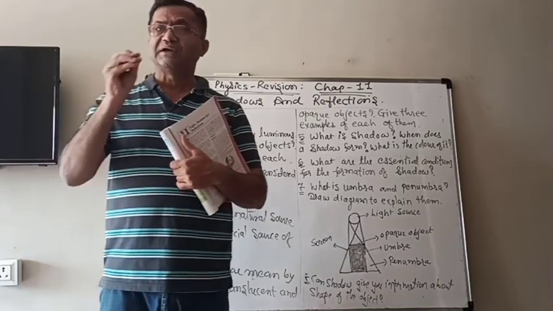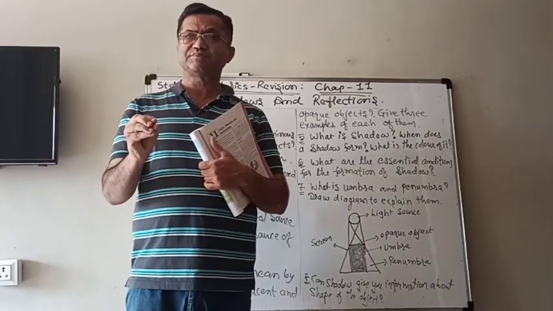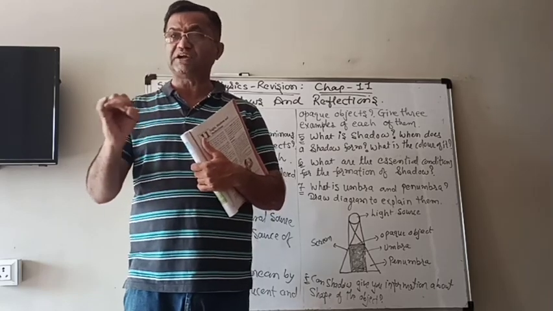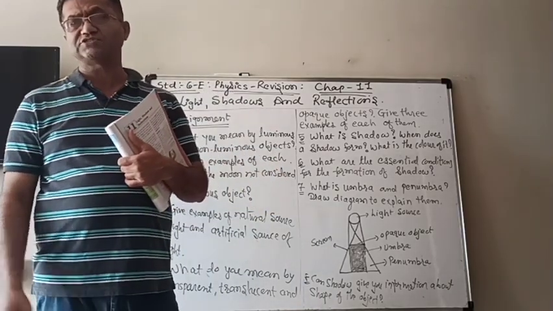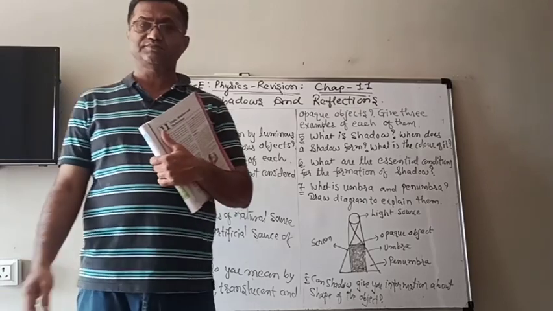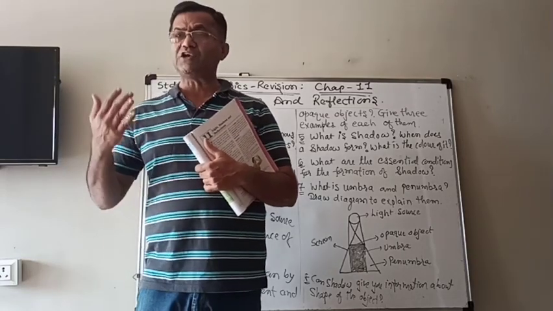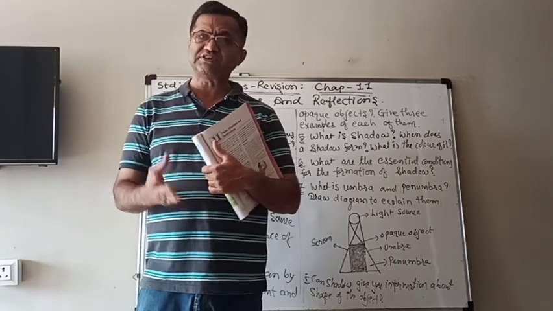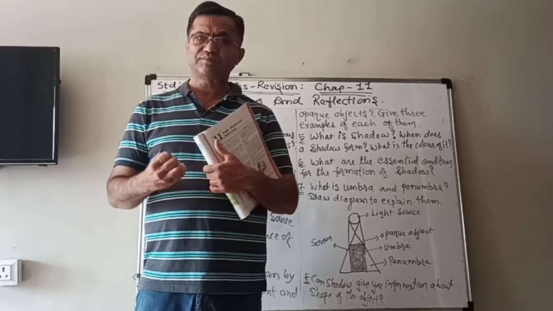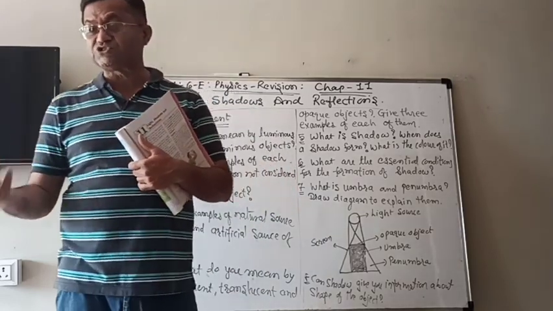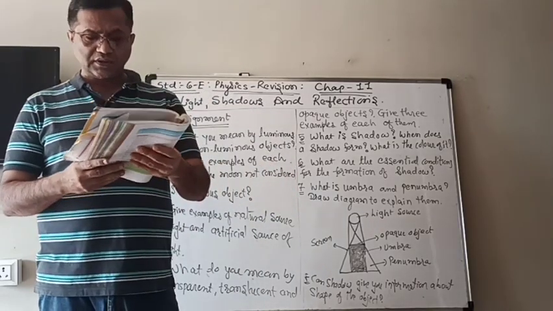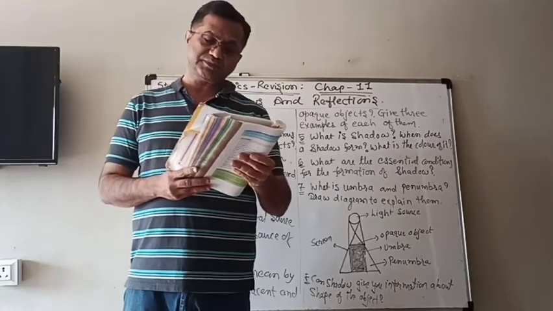That are the transparent objects, translucent objects and opaque objects.